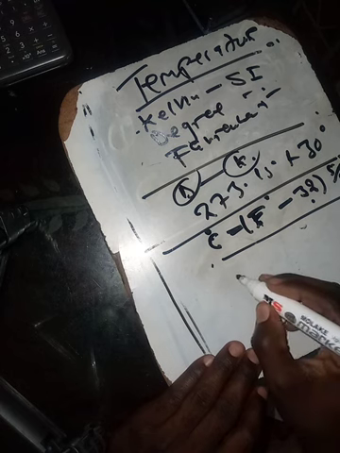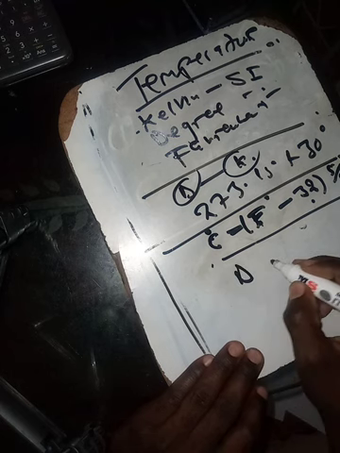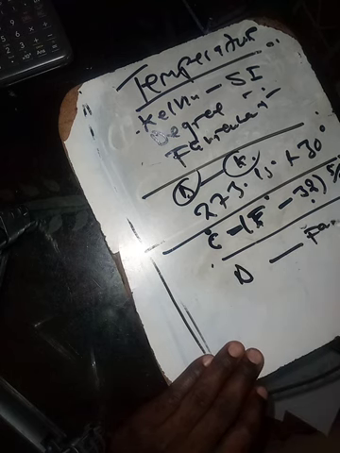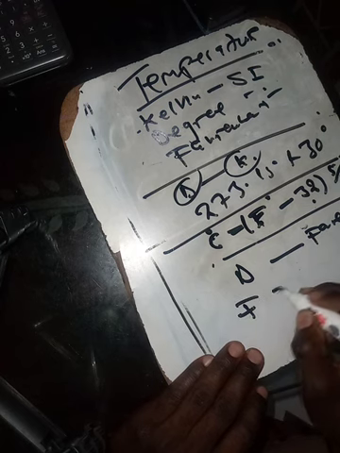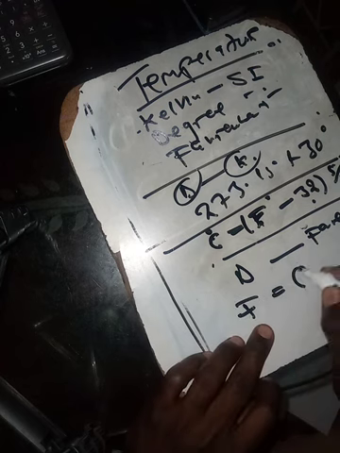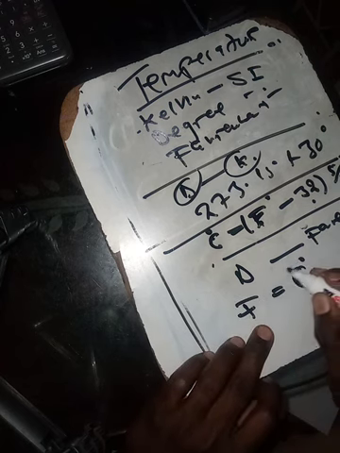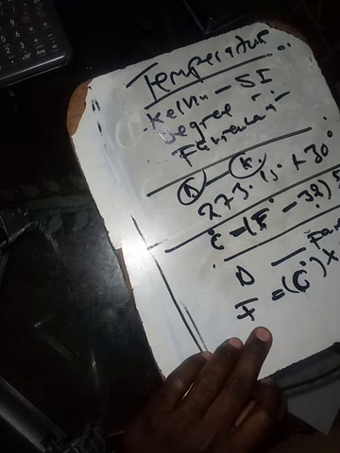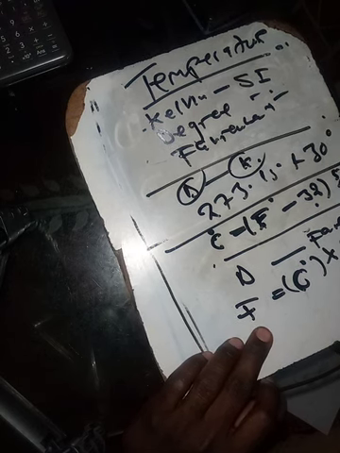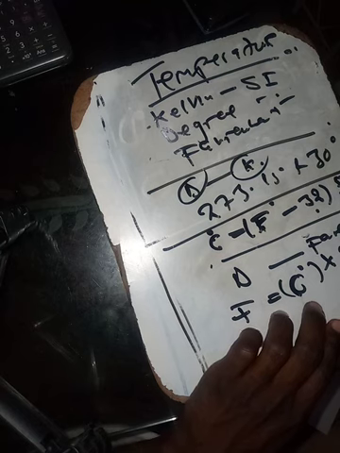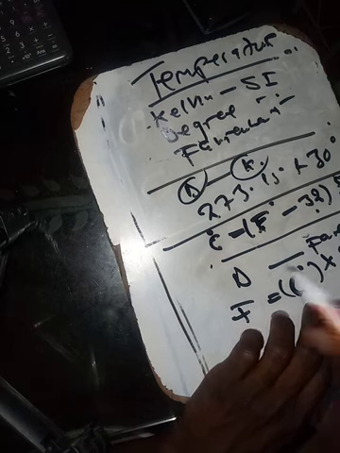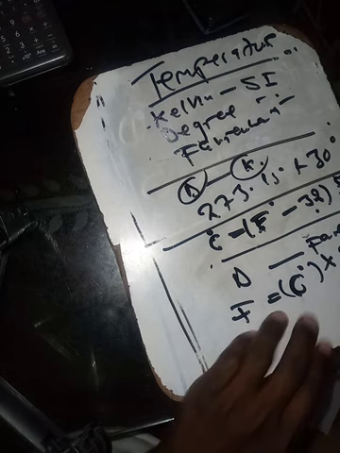If I want to convert from degrees Celsius to Fahrenheit, Fahrenheit is equal to the temperature given in degrees Celsius times 9/5 plus 32. The difference here is that the 9 is on top, whereas before it was at the bottom. Also, here we are adding 32, whereas before we were subtracting 32.